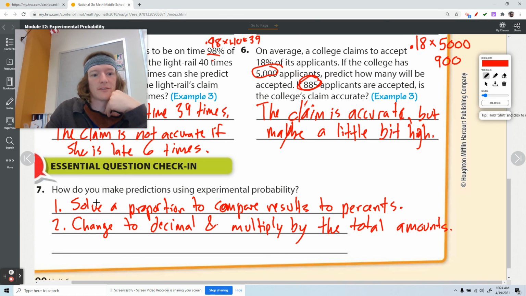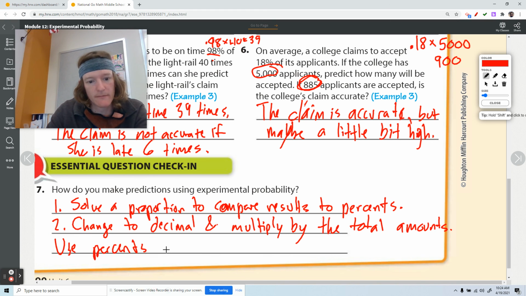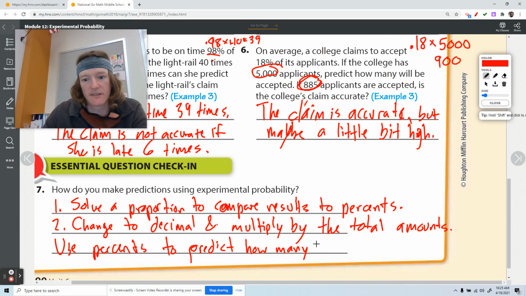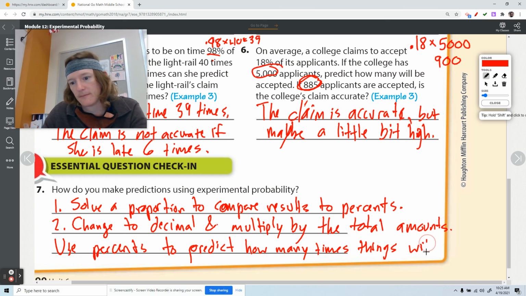That'll give us the percents, or the amount that we should predict. We can use percents to predict how many times things will happen, like with our 1 and 2.